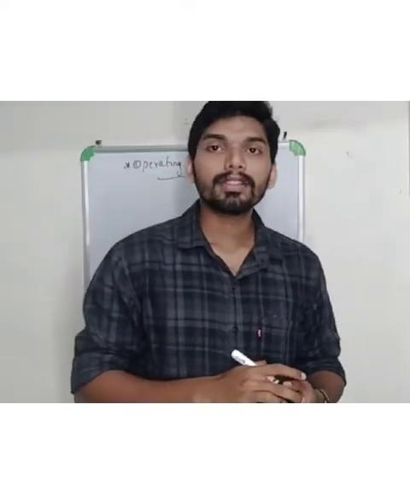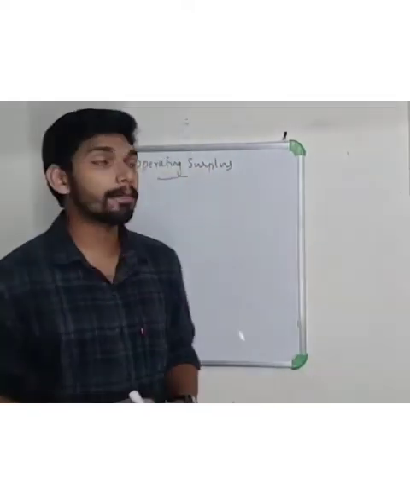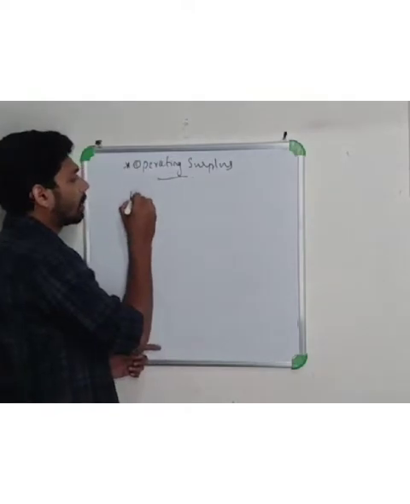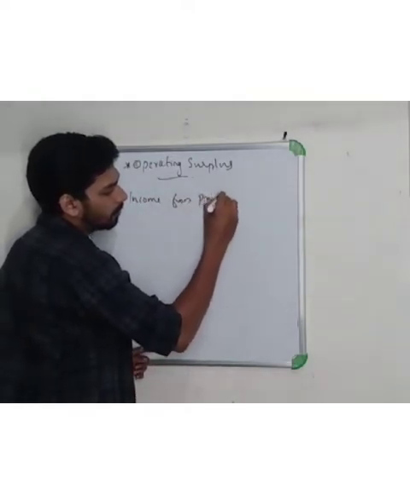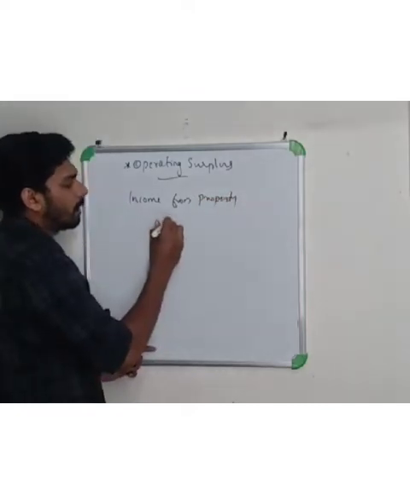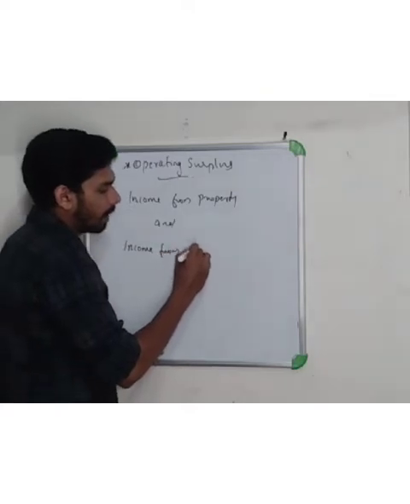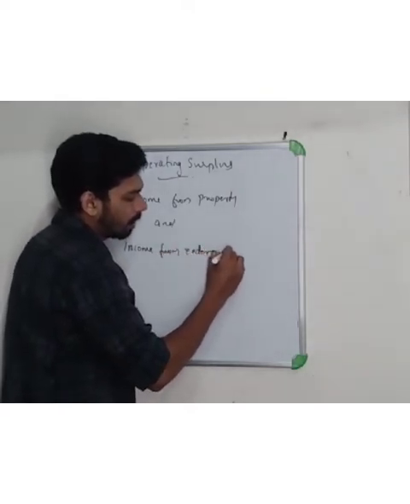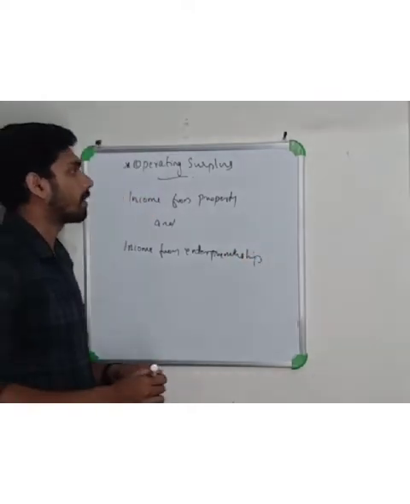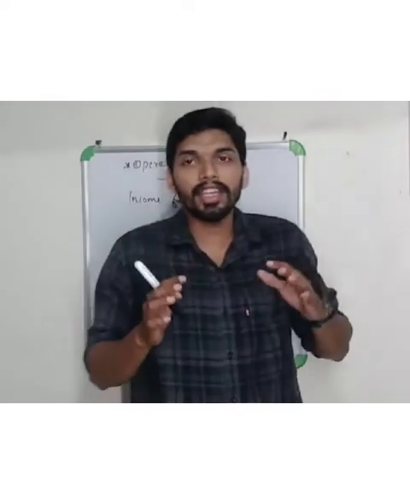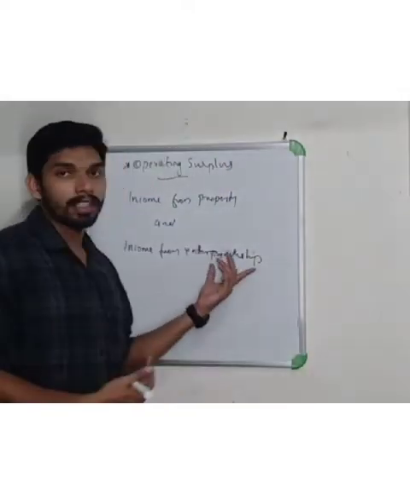The operating surplus is the income from property and income from entrepreneurship. Okay, so this is the operating surplus. Operating surplus is defined as the income from the property and also the income from the entrepreneurship.